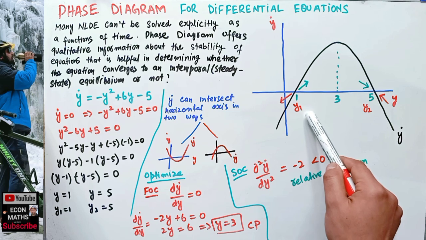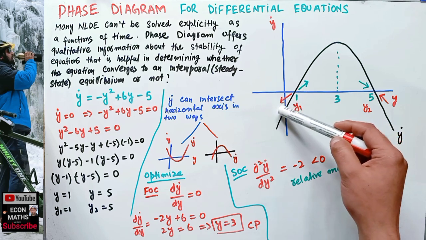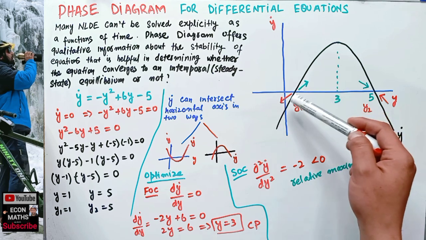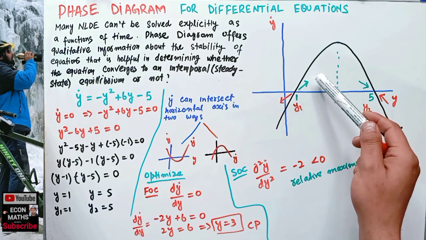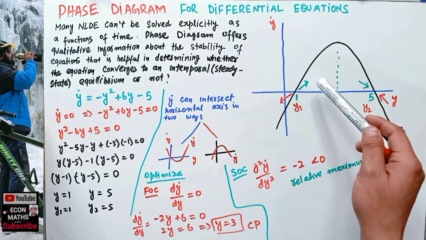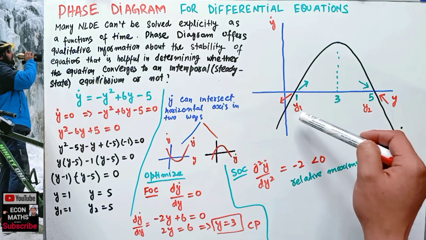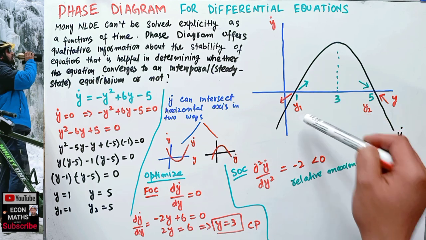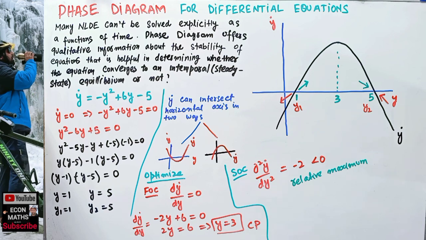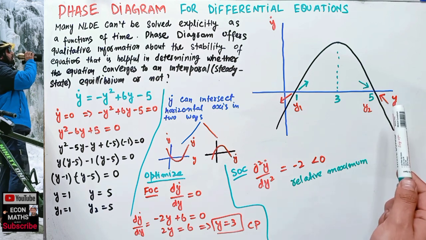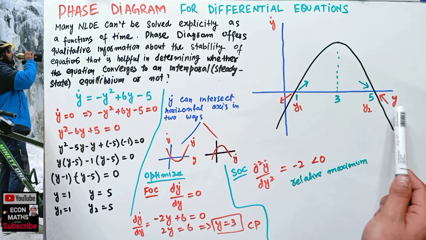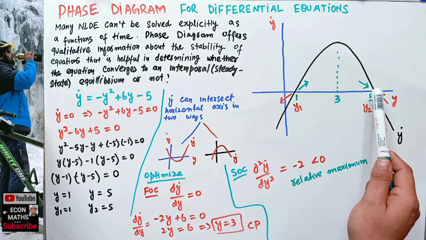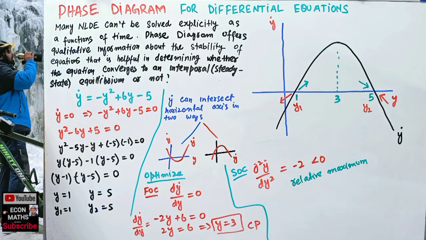At point y1, since the arrows of motion point away from each other, or they deviate from each other, we can say that y1 is not a stable equilibrium. If the arrows of motion are moving towards each other, then we have the stable equilibrium.